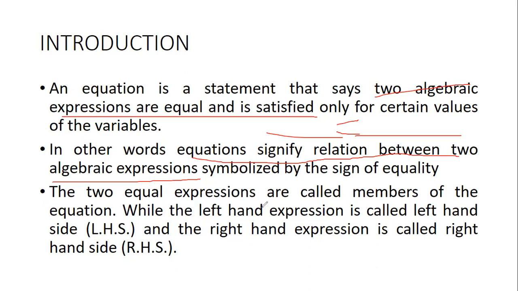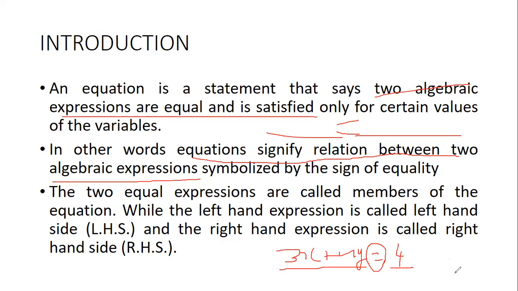Now suppose, let's take 3x plus 4y is equal to 4. Here on one side you have an algebraic expression, on the other side you have a constant that is also part of an algebraic expression, and in between you have the equal to sign.